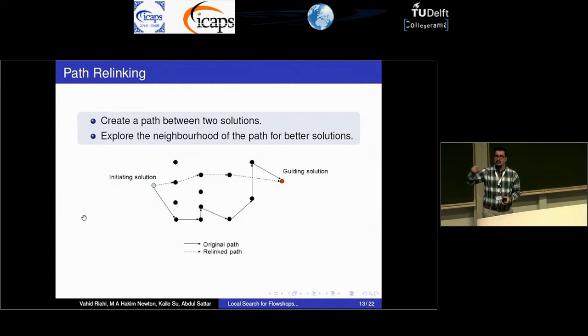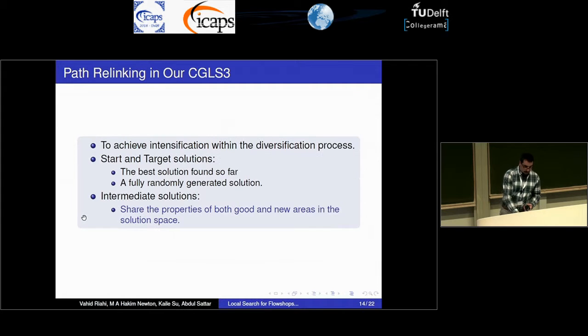We create a path, and in this path we have a number of intermediate solutions. We use this because in the typical restart local search in the literature, researchers typically use randomly generated solutions.